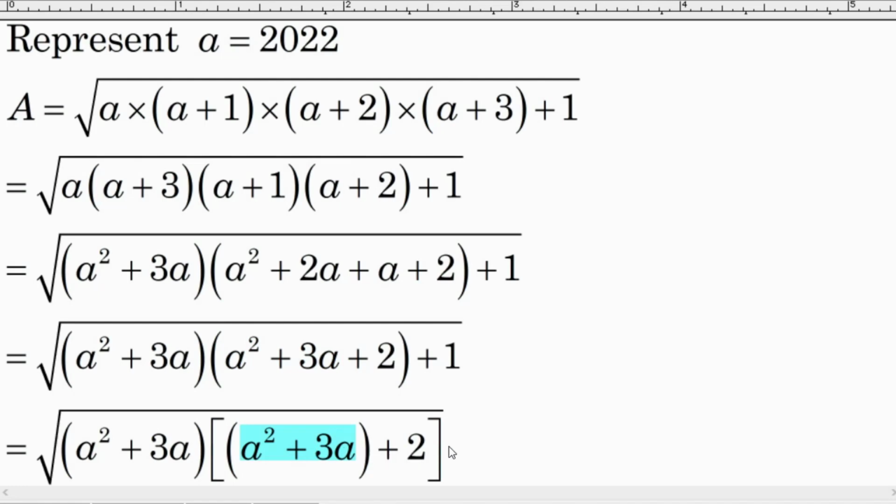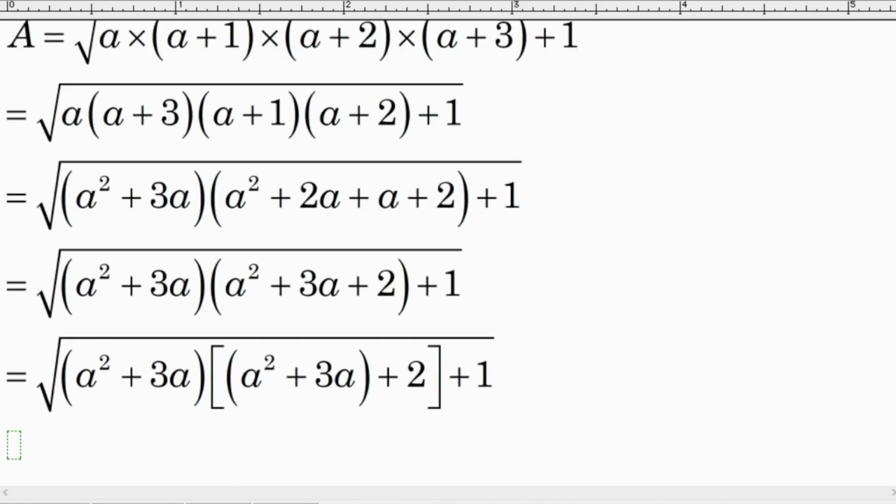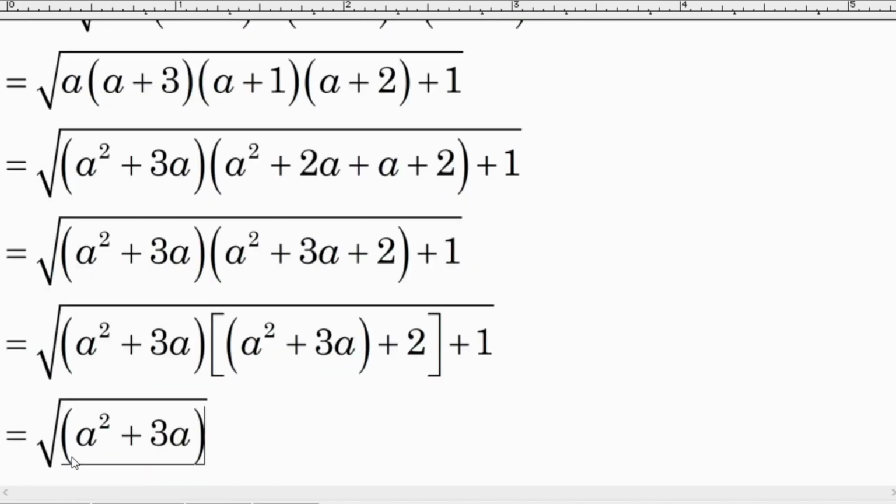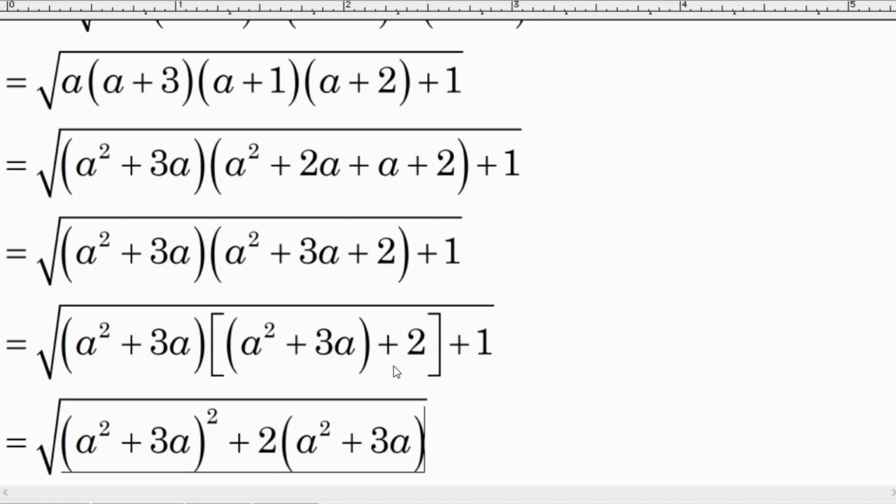Then we plus 2 and then plus 1 at the end. Equal to the square root of. Next we're going to expand this: I take this part times this part, and we get this part raised to square, right? And then plus this part times 2, which will be 2 times this part, and then plus 1 at the end here.